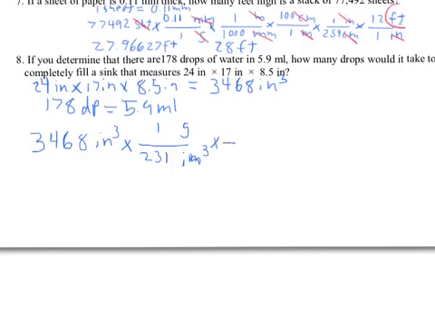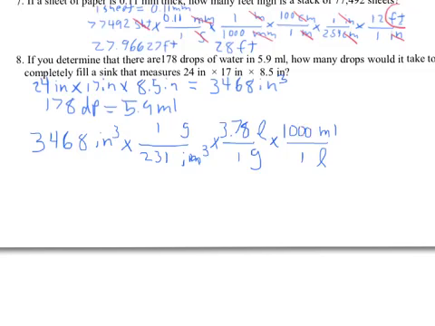Now I've got gallons. I don't want gallons, so I'm going to put gallons down below. Now what can I turn gallons into? I can turn gallons into liters, so I'll put liters up above. 1 gallon equals 3.78 liters. But I don't want liters, so I put liters in the basement. I can definitely turn liters into milliliters. One liter equals 1,000 milliliters.